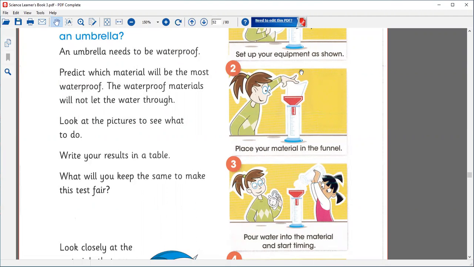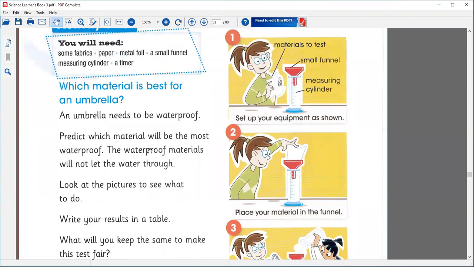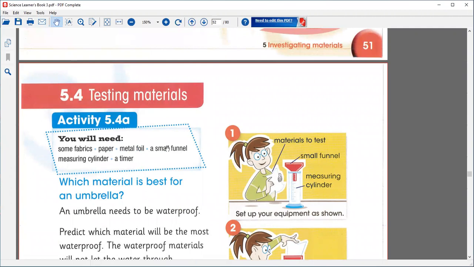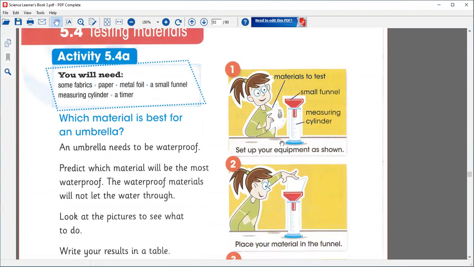This is the summary video for today's lesson. So let's start. Before starting the summary video, I told you about the previous thing. Lesson 5.4, testing material. We taught you about how to test the material for making a product. There is an experiment for using different materials to check if they are waterproof or not.